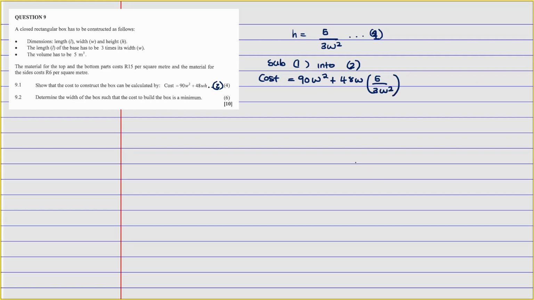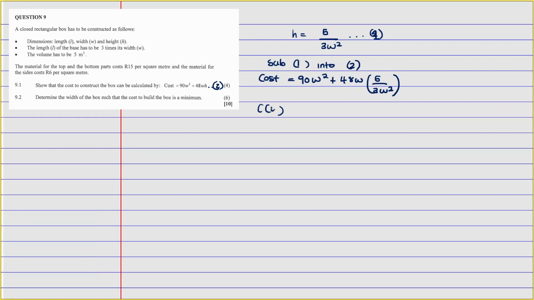Are you okay with that? Just to make it simple for us, I'm going to say cost is in terms of W, because that's the one that I'm going to differentiate. So this is going to be in terms of W.